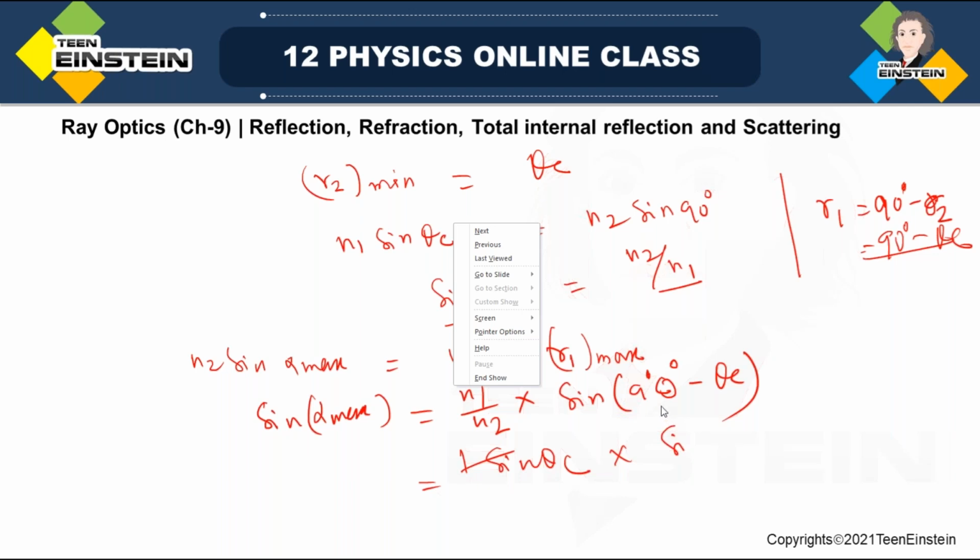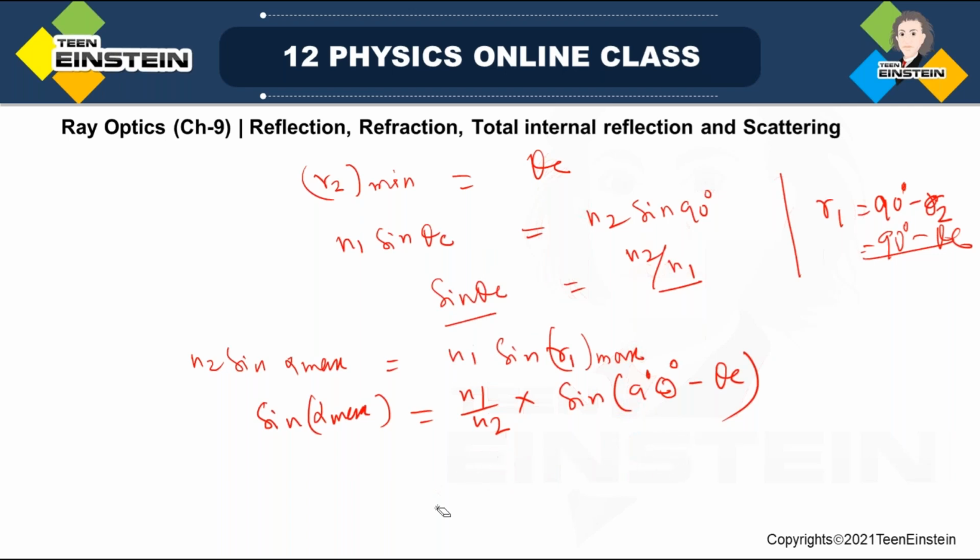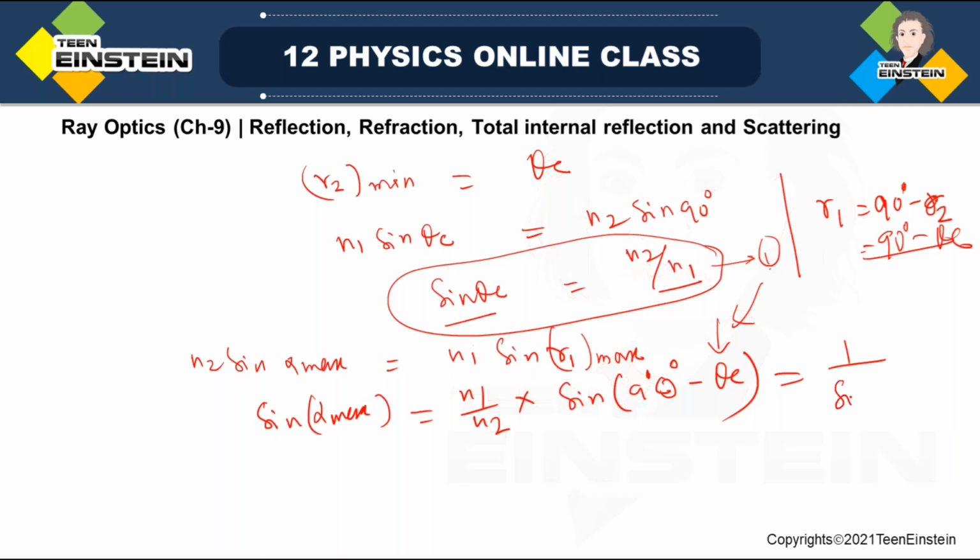Okay, so look, I'll write here itself. So I am making use of this into this. Let's say this is equation number 1. Now we are putting this value to this particular equation. So n1 by n2 I am just writing as 1 over sin theta c, and this is cos theta c.